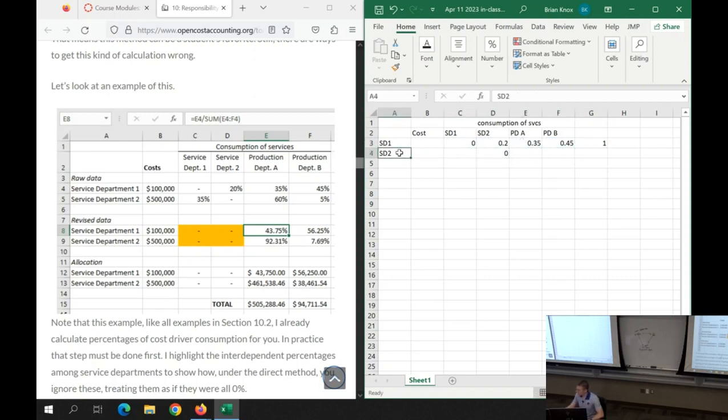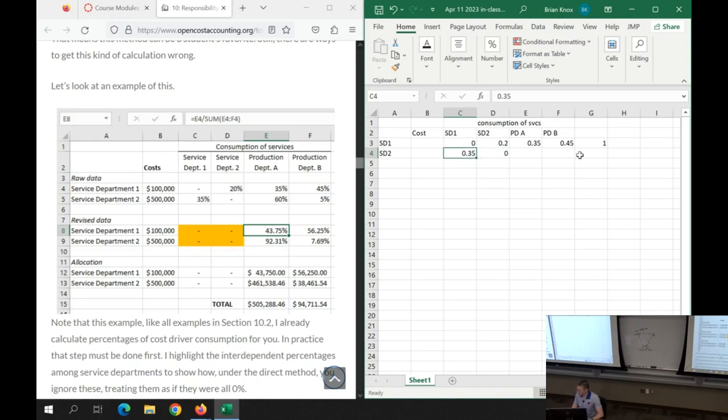All right, service department 2 here serves service department 1 with 35% of its work. So I'm putting it in percents here. This table has it in percents. I think there are a few problems that have you do this step to get it to percents, where you're saying there's some cost driver that we're measuring, and this amount of cost drivers traced to service department 1, this amount of cost drivers to production department A, this amount to production department B, and so you have to transfer that into percents.